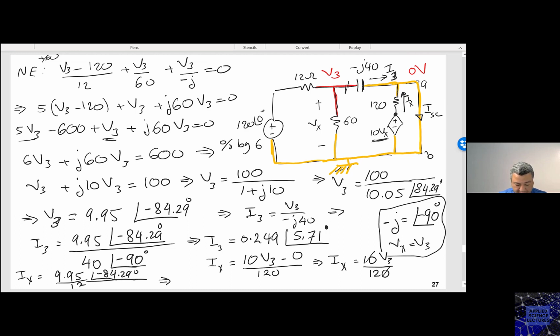So Ix is 9.95 divided by 12, which is 0.83.